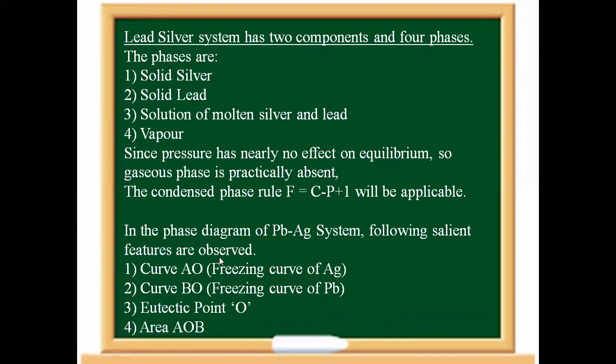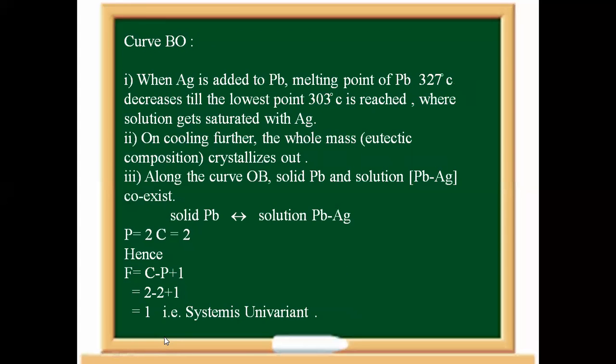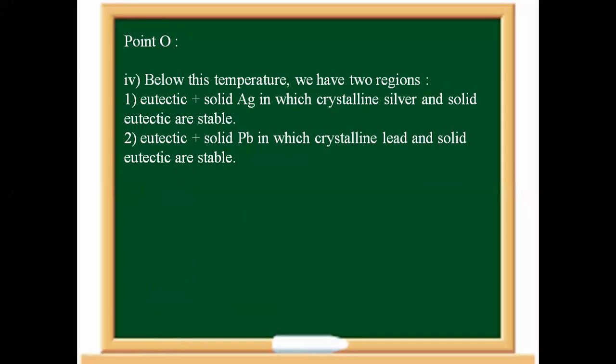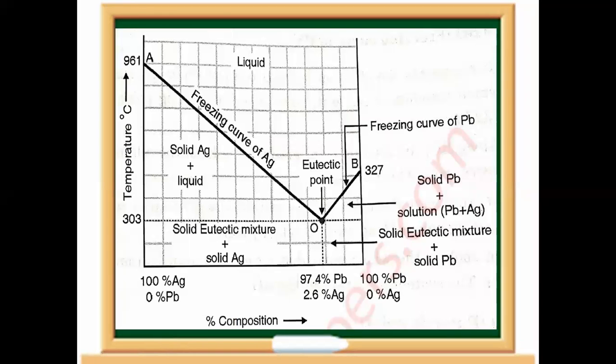So in this phase diagram, as I told you, there is the freezing curve of silver, the freezing curve of lead, this point O, and this area AOB. Now, this curve AO and this curve BO meet at point O. Now let us check what the composition of the lead silver saturated solution over here is.